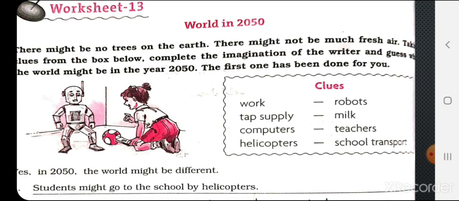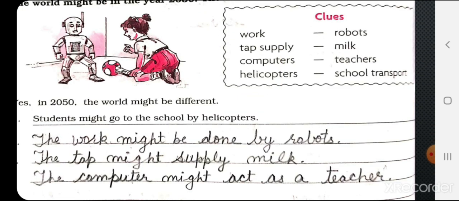For example, students, the first one, yes, in 2050, the world might be different. First one, students might go to school by helicopters. The second one, the household work might be done by robots.